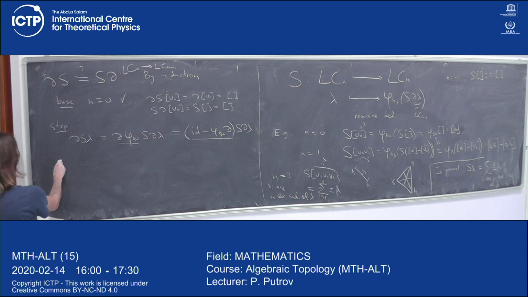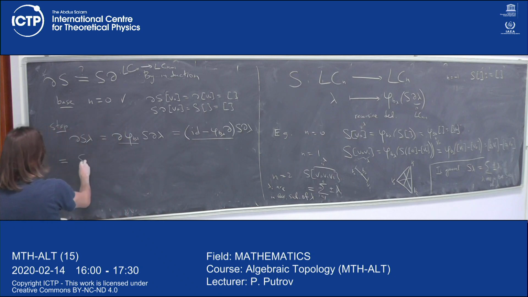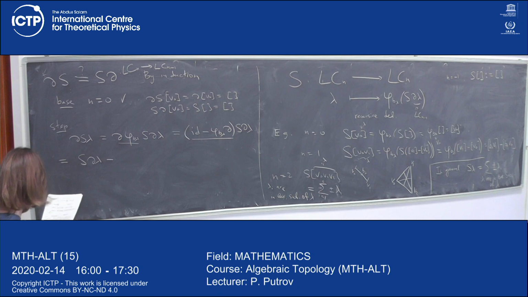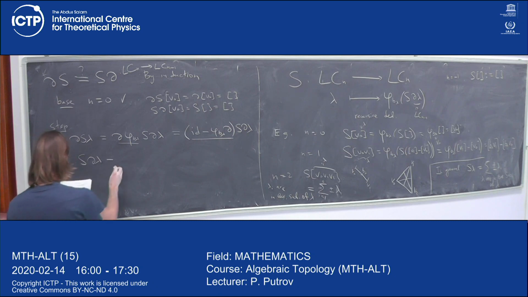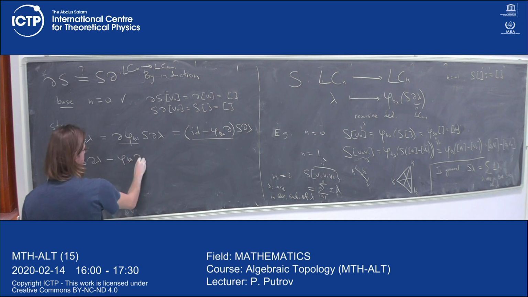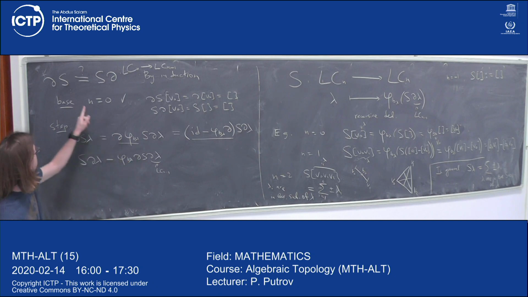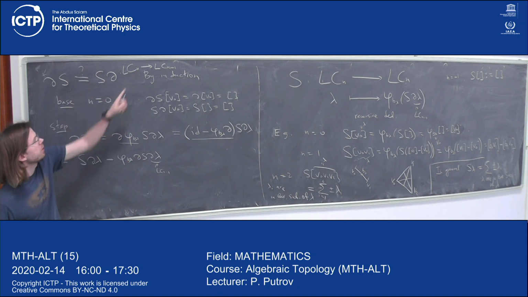This is constant. And okay, let's multiply. So this will be the same as d lambda minus phi d lambda d S d lambda. Now this is an element in LC n minus 1, so I can use my induction assumption. I already know that this equality is true on LC n minus 1.